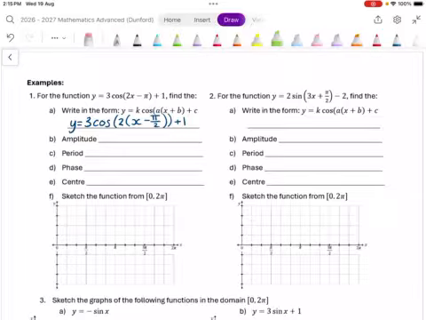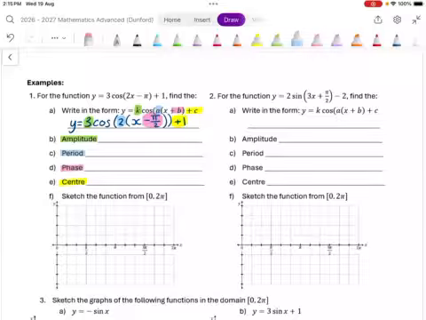So that is what happens when we factorise out our 2. So from there, we can now clearly see what our A, B, C values are, and our K value, and that will help us to then work out what our amplitude, period, phase, and centre is.